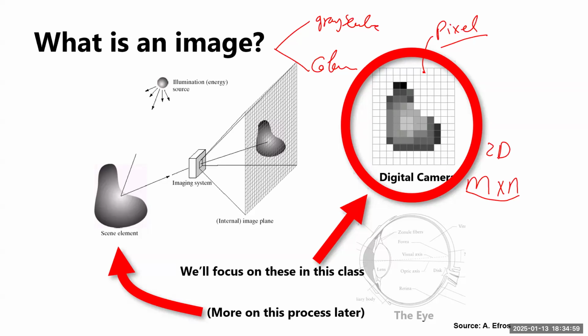I will give the number 0 to represent the darkest color in the gray level. What is the darkest color in the gray level? Black. I will give 255 to represent the lightest color in the gray level. What is the lightest color?